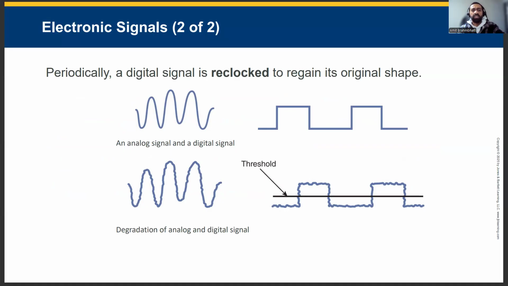This process is crucial for maintaining data integrity during transmission. Analog signals, by contrast, accumulate noise continuously and cannot be easily restored. The fundamental difference explains why modern communication systems overwhelmingly favor digital signals.